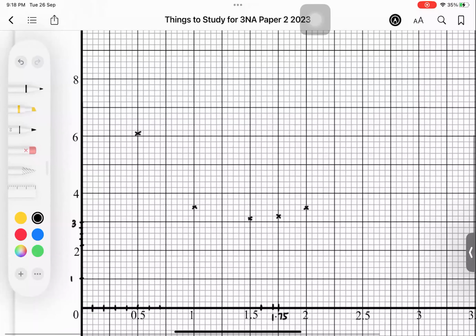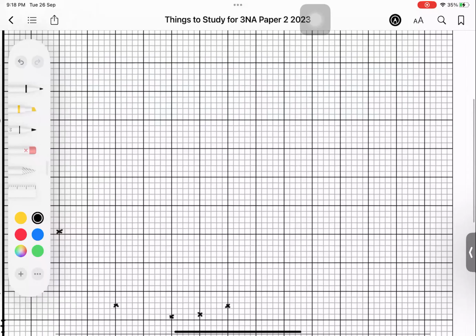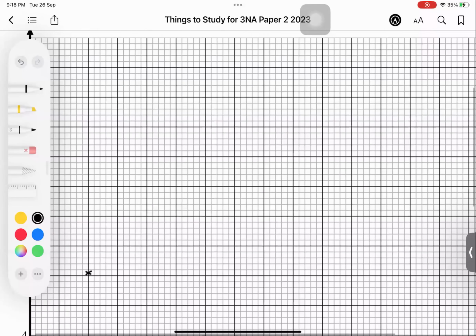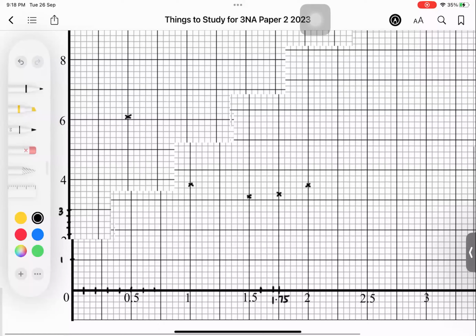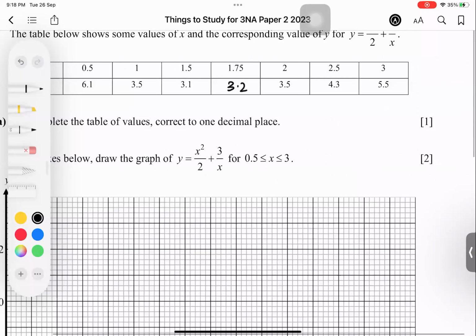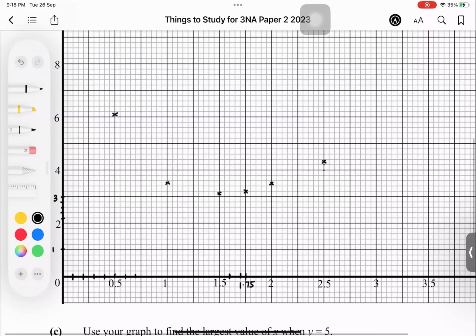Then next one is what? 2.5 is 4.3. 2.5, 4.3, 4, 4.2, 4.3. Last one, 3. What's the number? Oh, 5.5. Where is 5.5? 5.24, 5.5. Okay, so I got my graph looking like that.